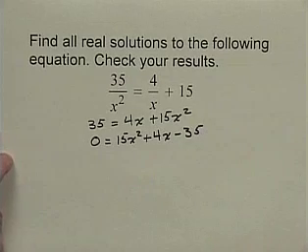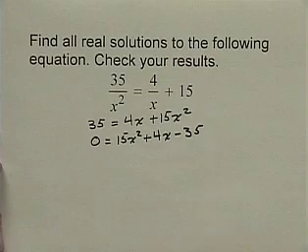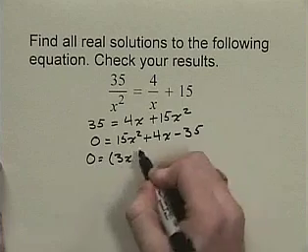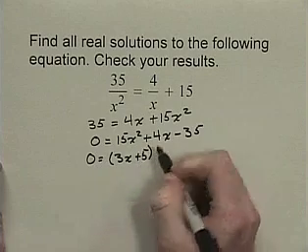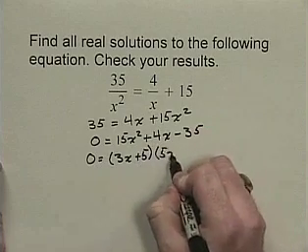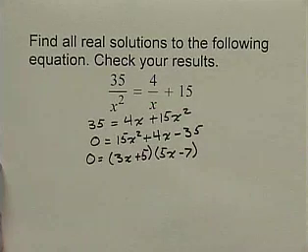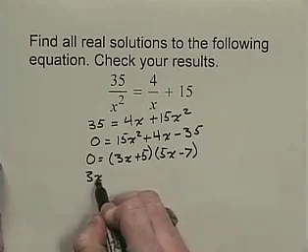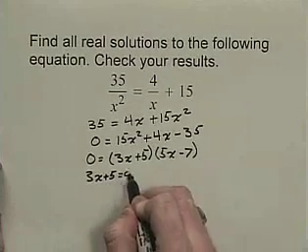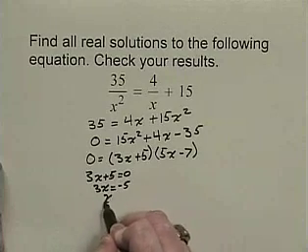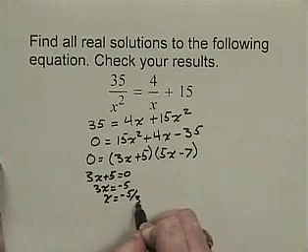Well, it turns out that this factors very nicely for us. This factors into 0 is equal to 3x plus 5 times 5x minus 7. If you don't see that immediately, feel free to use the quadratic equation. So what are our roots here? Our roots occur when 3x plus 5 is equal to 0, or when 3x is equal to negative 5, or when x is equal to negative 5/3.